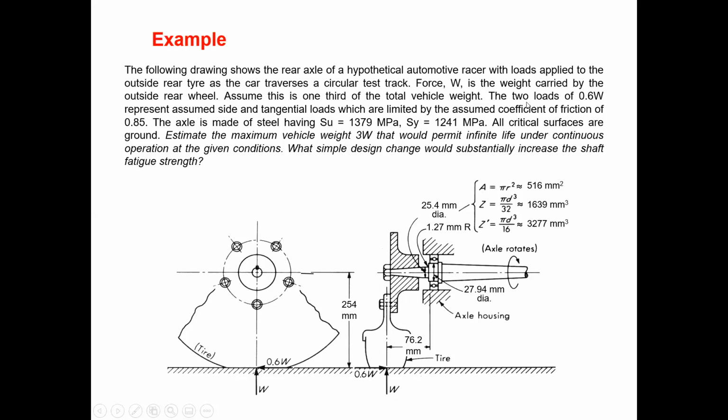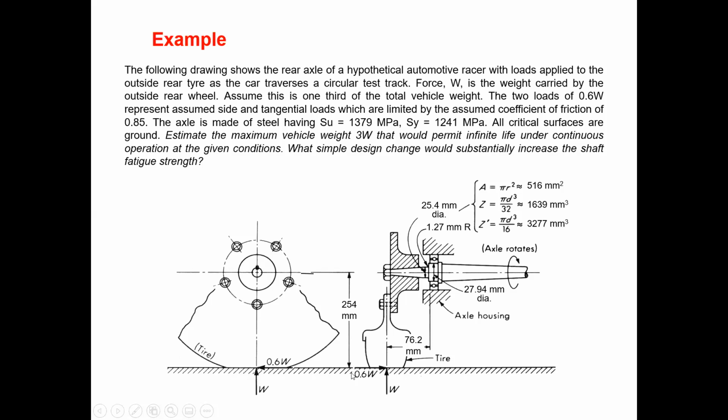The two loads of 0.6 W represent assumed side and tangential loads. You can see here that if you consider this tire, there is a side force, side load like this, and there is a tangential load like this. Okay, so it is inside to the slide here. If you consider this image, this load and this load are two different things.